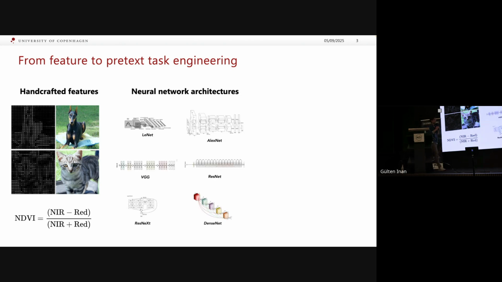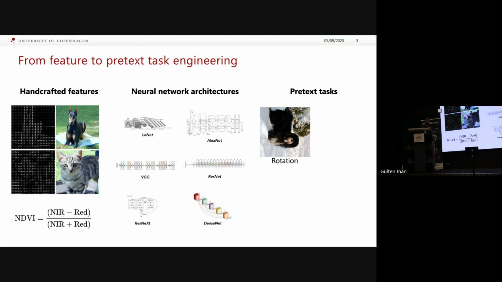Then we came into the neural network game with the convolutional neural networks. Today we also have transformers, etc. So there was a lot of engineering in the architecture itself. So over a few years, people were trying to engineer better neural network architectures that can learn better features.